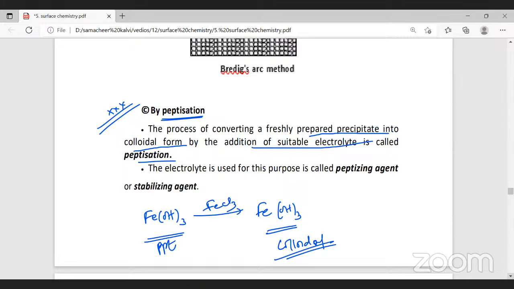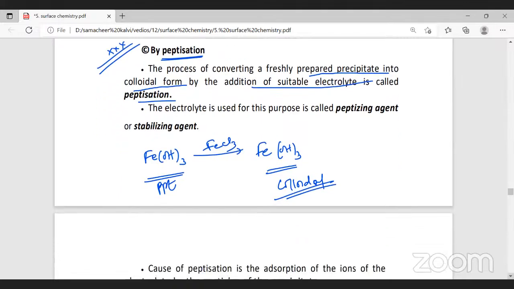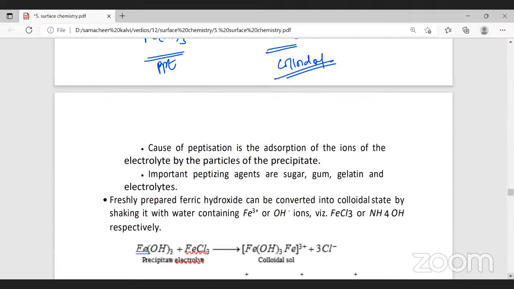Coming to the next concept, the cause for peptization. Peptization is due to the adsorption of ions of the electrolyte by particles of the precipitate. Important peptizing agents are sugar, gum, gelatin, and electrolytes.